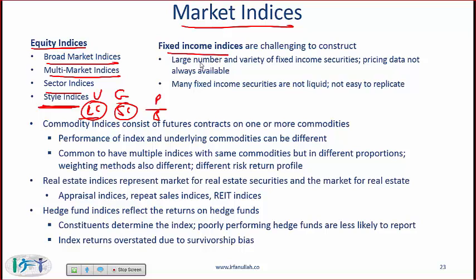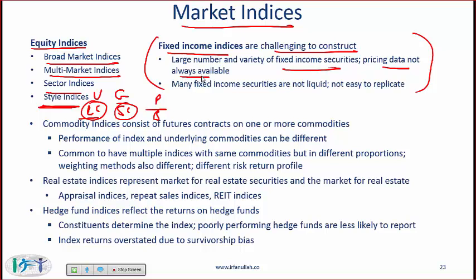We also have fixed income securities, and what I've highlighted here is some points that might show up on your exam. Fixed income securities are challenging to construct. We have a large number and variety of fixed income securities. Pricing data is not always available because fixed income securities are not always very liquid.